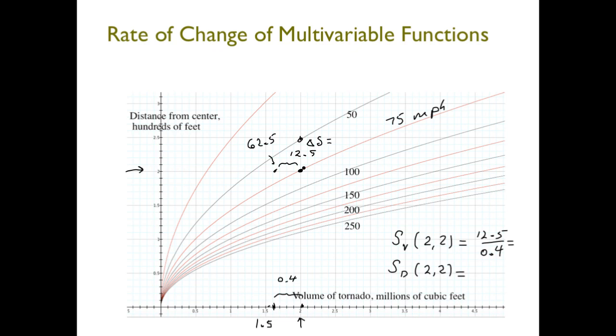This is our focal point. You can have nice numbers by using that point right there. So what is the partial of wind speed with respect to distance here, based on changing to here?